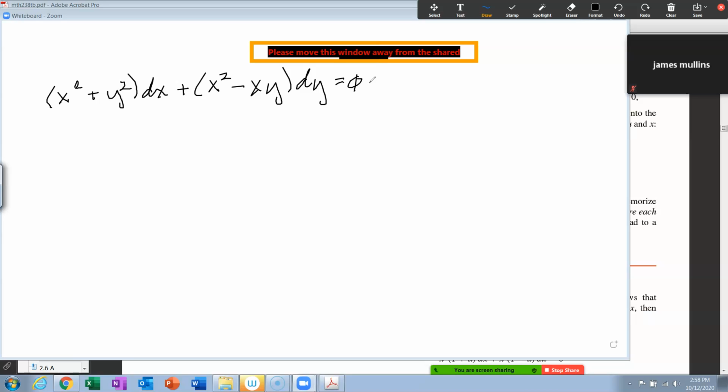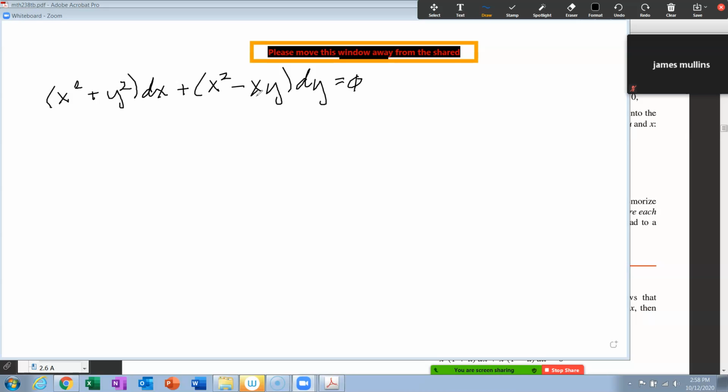Now, especially in this form, that looks like it could be an exact equation. So what we would have to do is do the partial of this with respect to y, and that would be 2y, and the partial of this with respect to x would be 2x minus y. No, those are not equal. So no, that won't work.